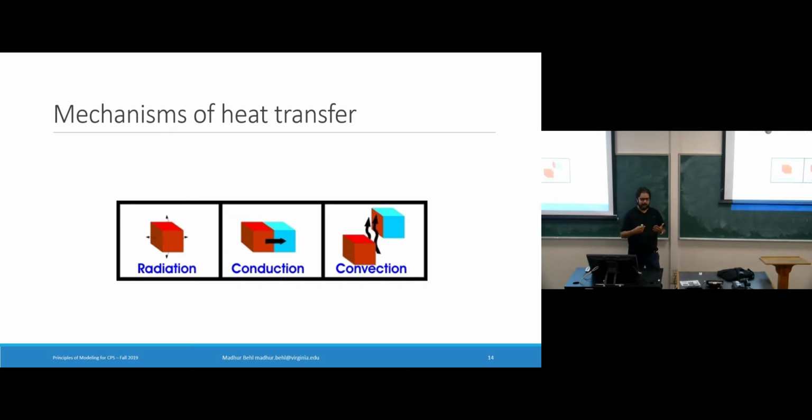Convection is when the matter itself carries heat from one place to another. That's convection, and that generally happens in fluids. And radiation is the heat transfer through electromagnetism. Okay, so if we can describe the mechanisms of this heat generation and transfer, essentially we are answering that question of describing the properties of the building envelope and the heat flows.